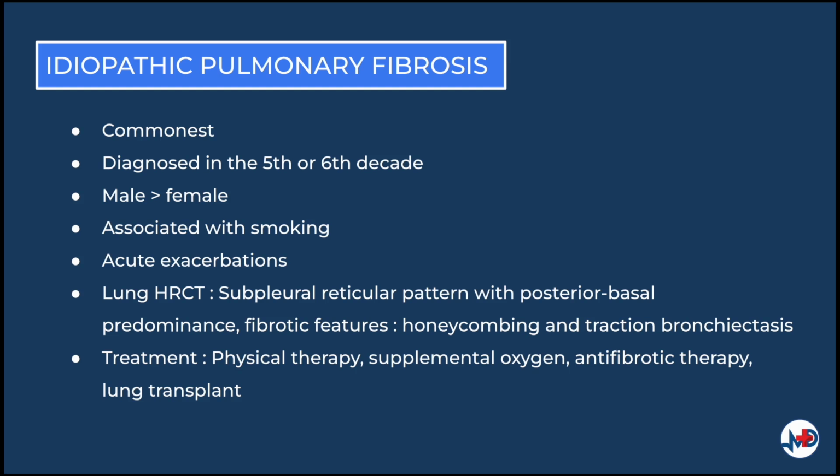Lung HRCT shows a pattern of usual interstitial pneumonia or UIP with subpleural reticular pattern with posterior basal predominance with more advanced fibrotic features such as honeycombing and traction bronchiectasis. Treatment would be physical therapy and supplemental oxygen, antifibrotic therapy such as pirfenidone, and lung transplantation if the patient meets the criteria for it.